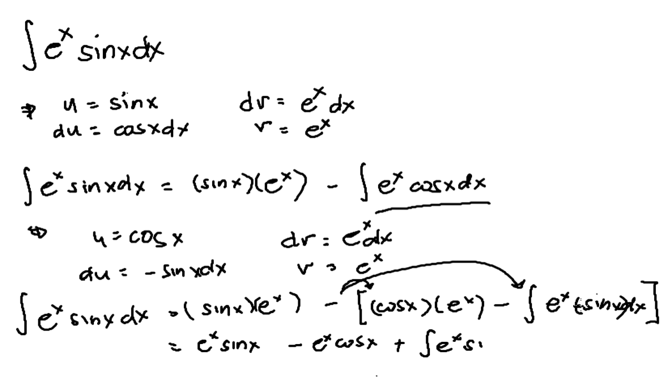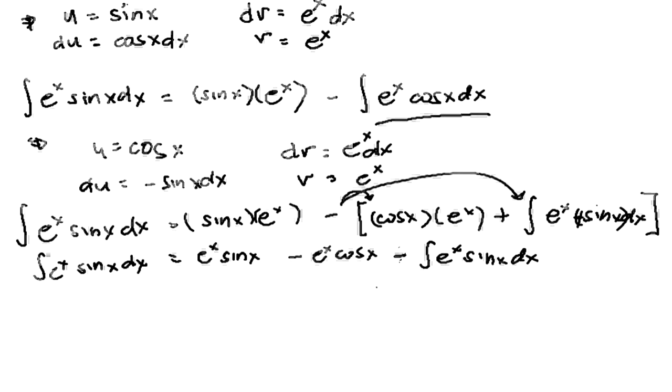We have negative 1 times negative sine x, so negative times negative gives positive. So we have e to the x sine x dx, and our original is also e to the x sine x dx.